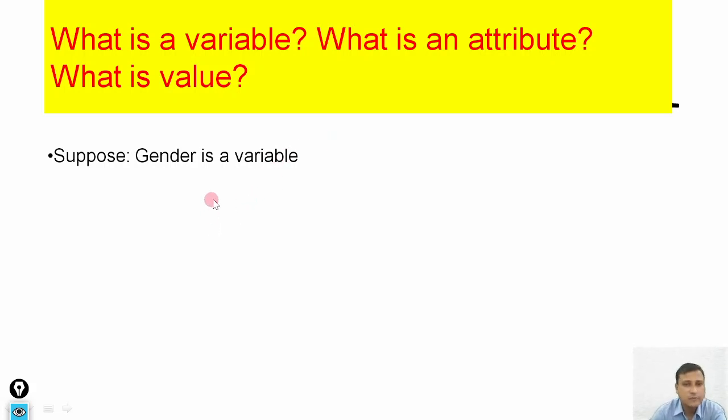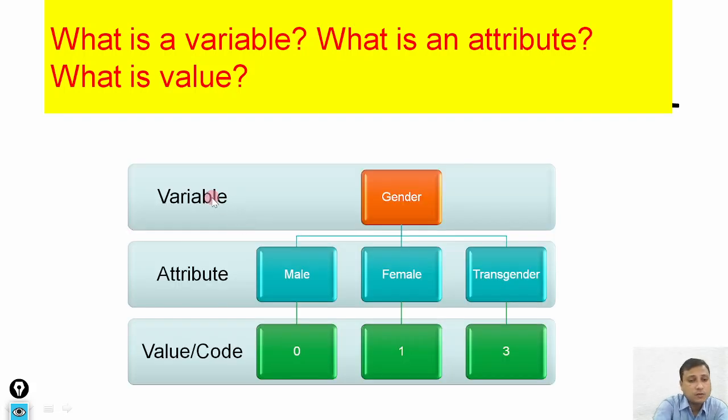Suppose we choose one variable, gender, and for this variable here are the attributes and here are the values or codes. Gender is our variable. What is an attribute? Attribute means the possible responses.